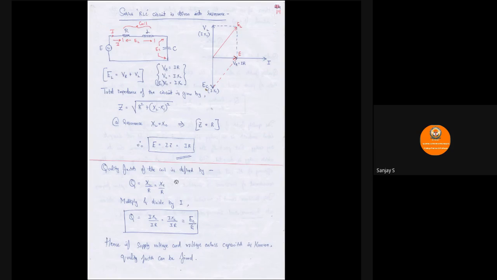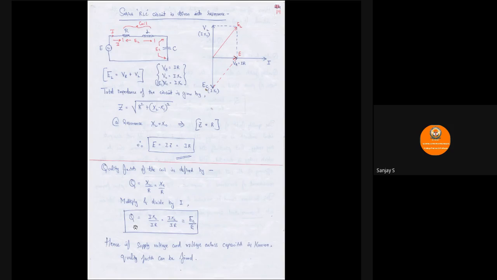Whenever it comes to the quality factor, we know it is defined by XL by R or XC by R. Let us try to multiply and divide by I. So you have IXL by IR, IXC by IR. From the circuit, you can see IXC is nothing but EC, and IR is nothing but E, because at resonance IR is same as E. So it is given by the ratio of EC by E. That is, if we know the voltage across the capacitor and the source voltage, their ratio will give us the quality factor.